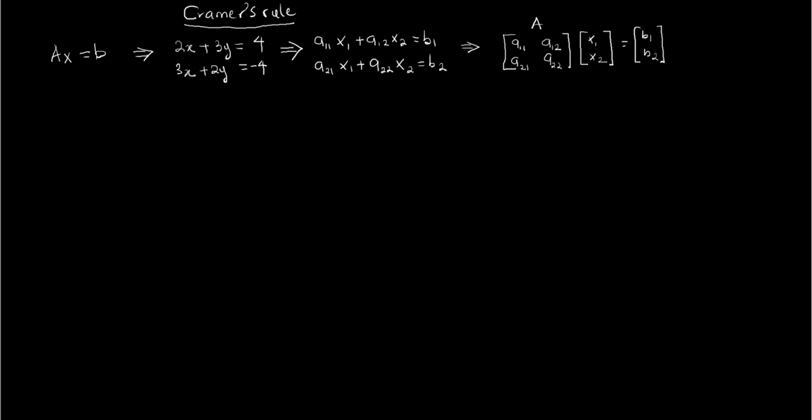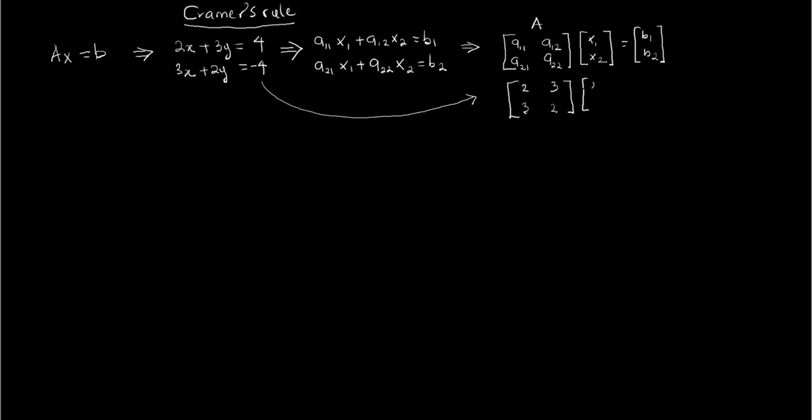So let's represent our equations in that form now. Let's see what we get. We're going to get 2, 3, 3, 2. Now your x1 and x2 are similar to your x and your y.